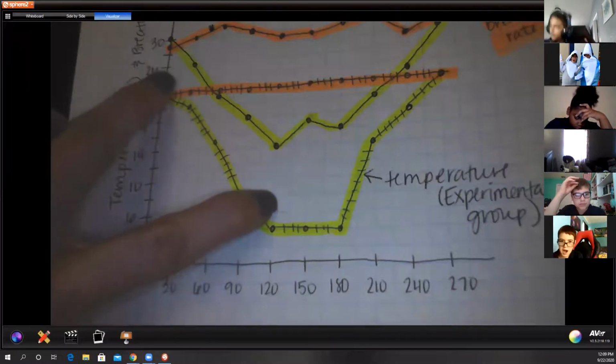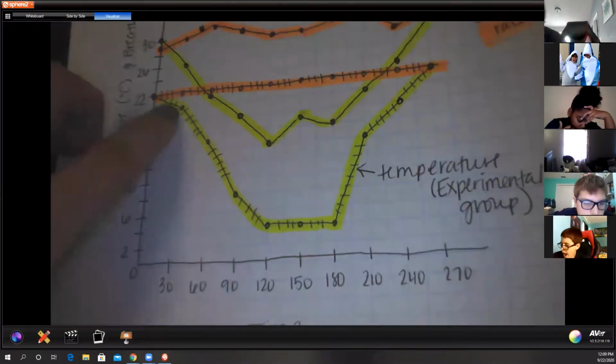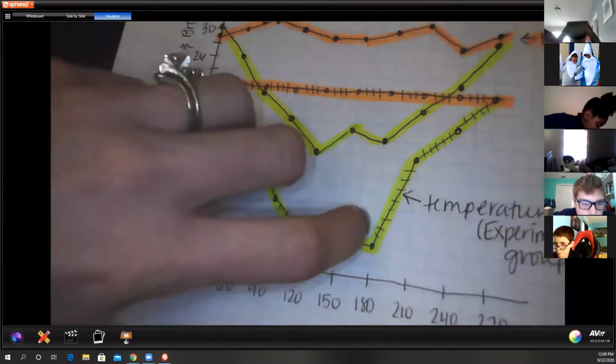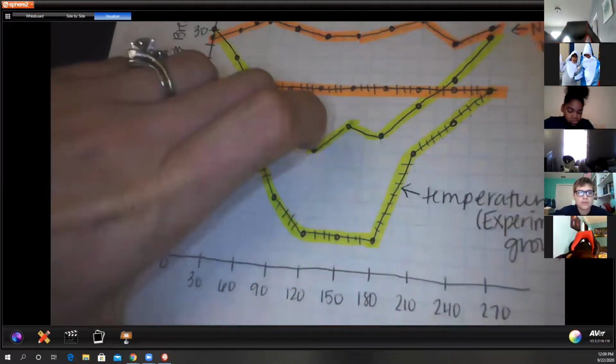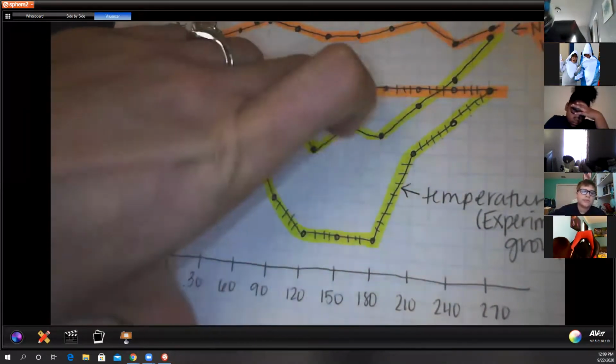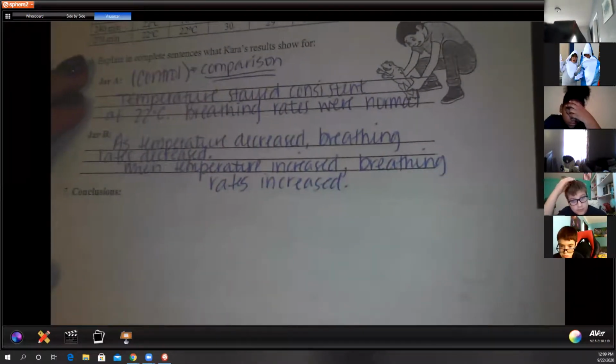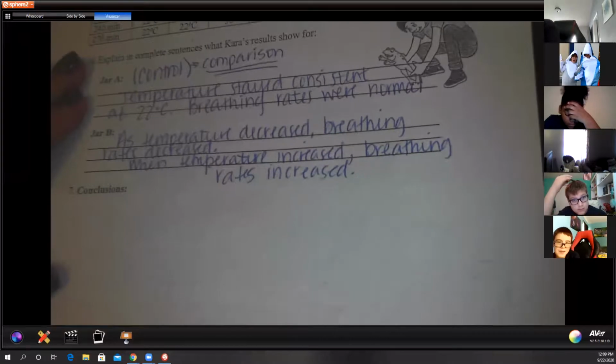What word would that be, increased or decreased? Decreased. So as temperature decreased, breathing rates decreased. As temperature increased, breathing rates increased. So as temperatures decreased, breathing rates decreased. When temperature increased, breathing rates increased.